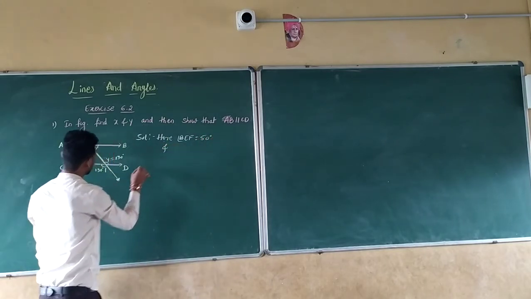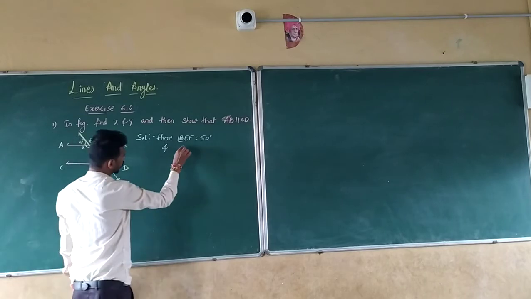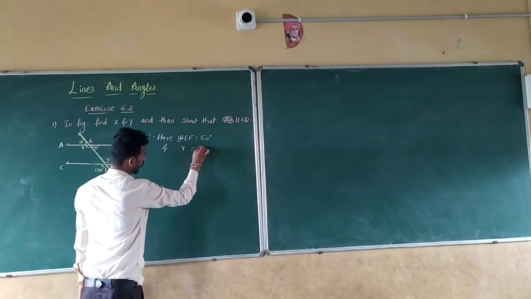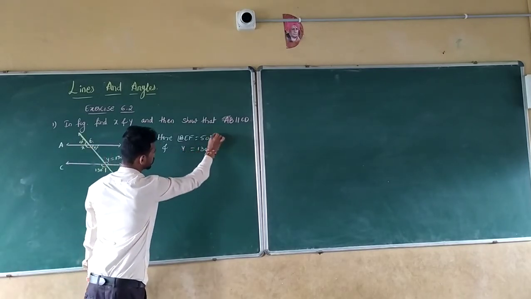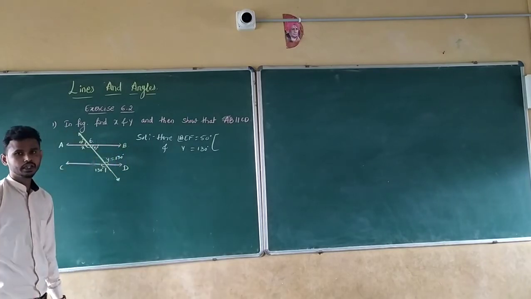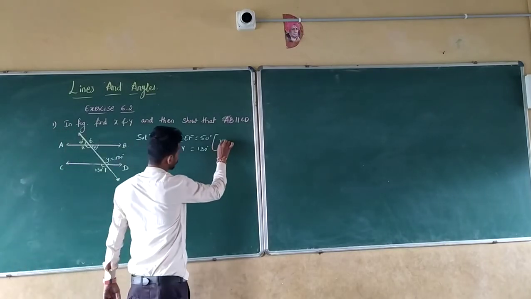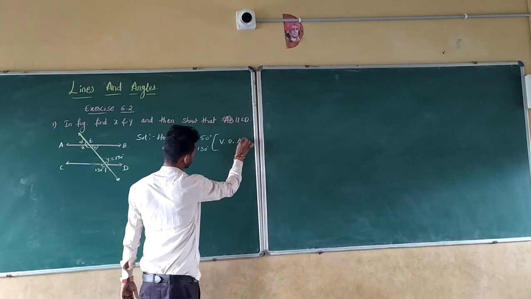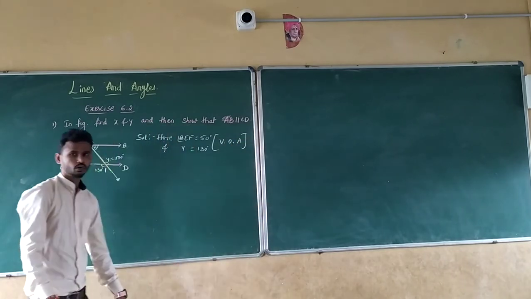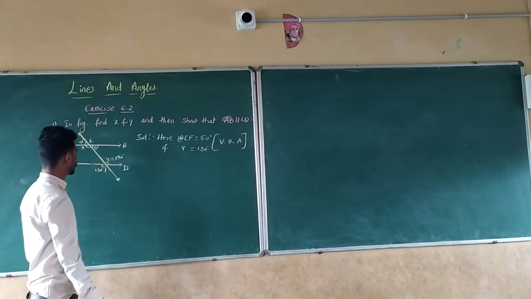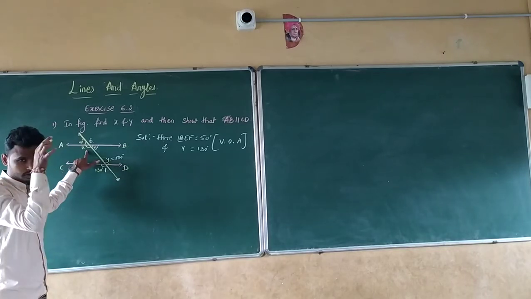And angle y is equal to 130 degrees, because both are vertically opposite angles. Vertically opposite angles are equal. And now we need to find the x value.